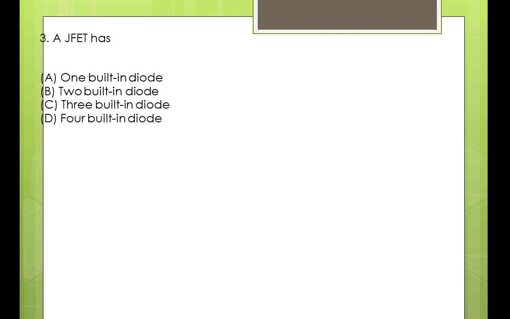The next question is: a JFET has. The JFET is the junction field effect transistor. We have the BJT, that is the bipolar junction transistor, and the FET, that is the field effect transistor, also called the unipolar junction transistor.